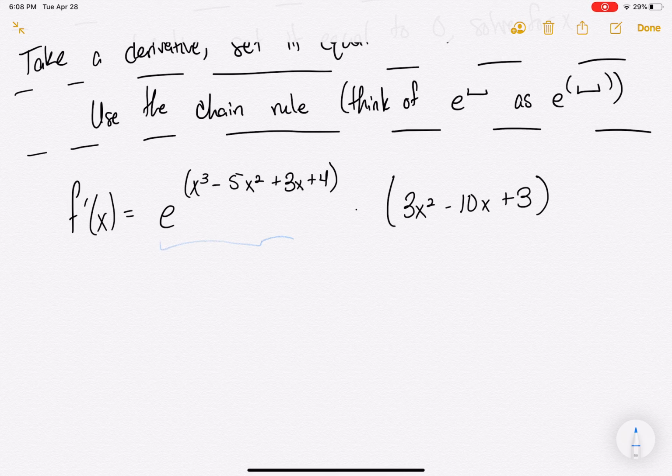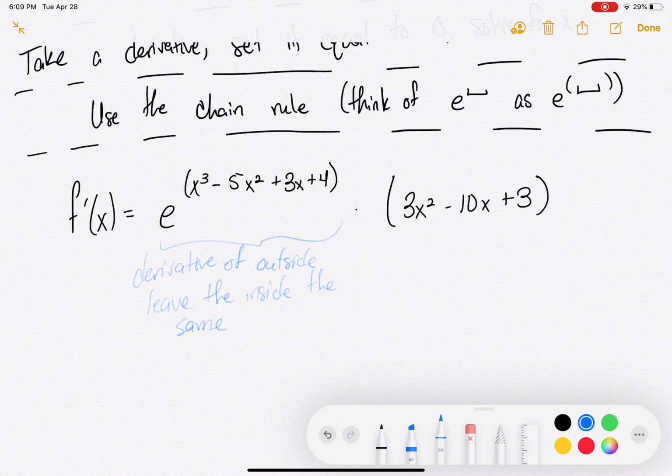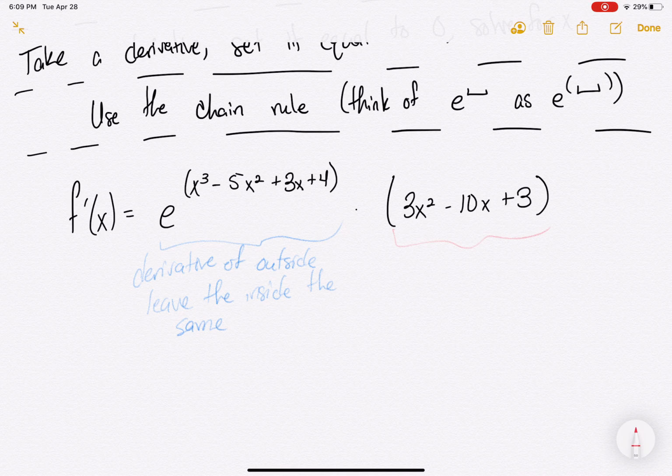This is derivative of the outside, leave the inside the same. And multiply by the derivative of the inside.